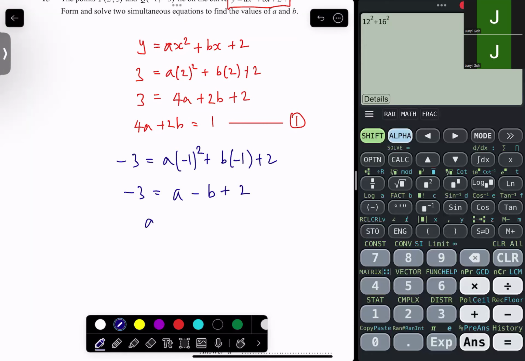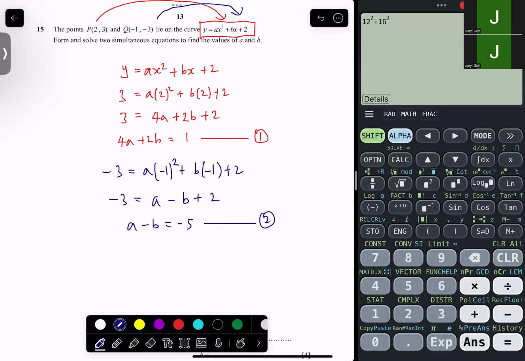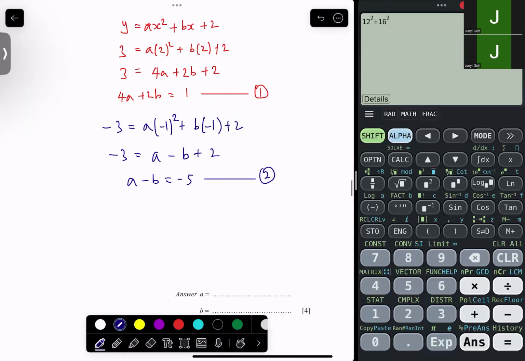Shift the 2 over: a minus b equals negative 5. Okay, two simultaneous equations, equation 1 and equation 2.